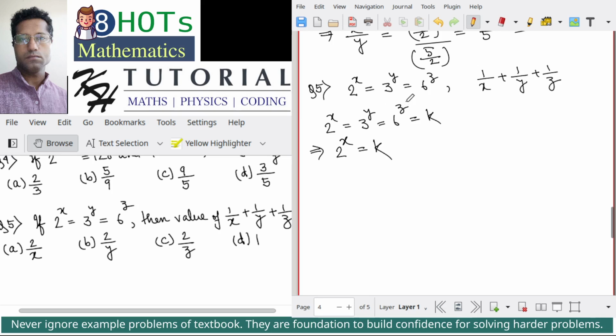Also see, one hint is that 2 to the power x is equal to 3 to the power y is equal to 6 to the power z. And what is 6? 6 is 2 multiplied by 3. So somehow my idea is, from 2 to the power x is equal to k, where I have assumed that all these three terms are equal and they are equal to k, can I get rid of x from the left hand side?